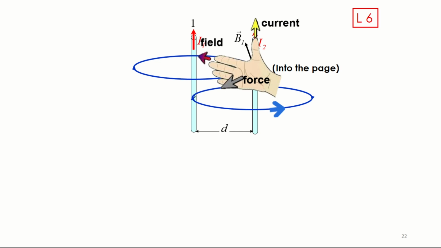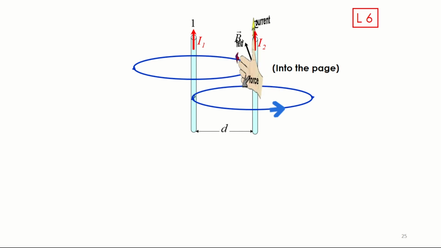You get the force towards conductor 1 or to the left. So we can label here F21. F21 is the force on conductor 2 due to conductor 1, directed to the left or towards conductor 1.